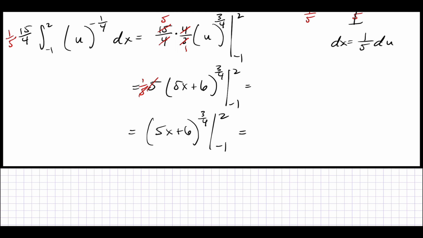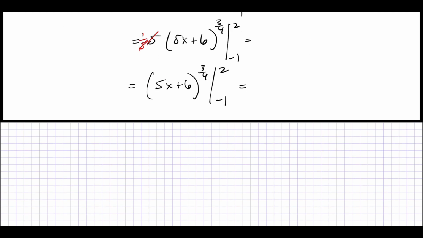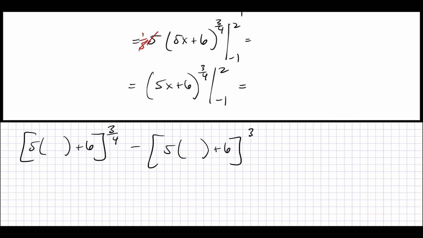Evaluate means just plug in. So let's plug in. 5x plus 6 to the 3/4 power minus 5x plus 6 to the 3/4 power. First number I'm going to plug in is 2.